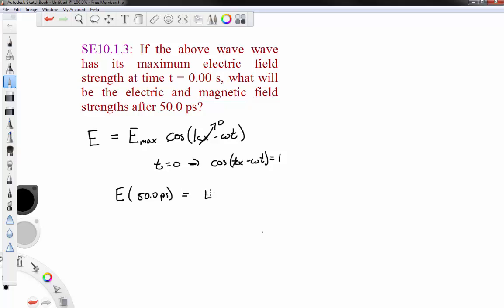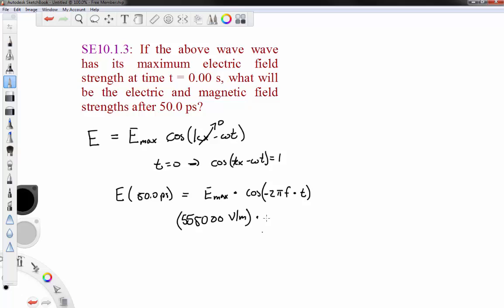Well, that's going to be E max times cosine of negative 2 pi f times t, where you'll recall the maximum E field strength was 555,000 volts per meter.